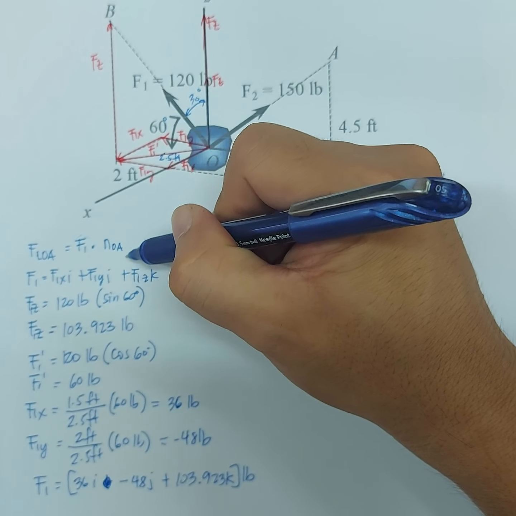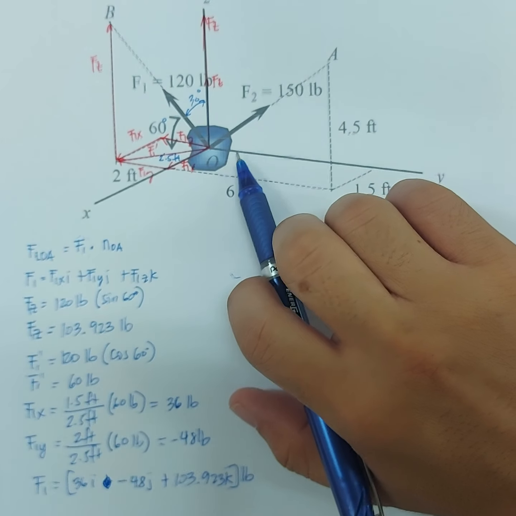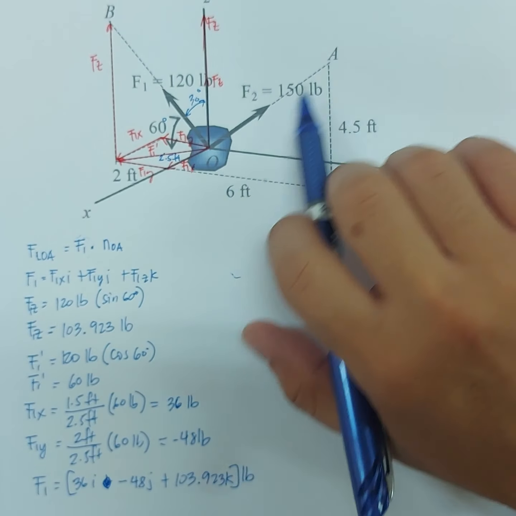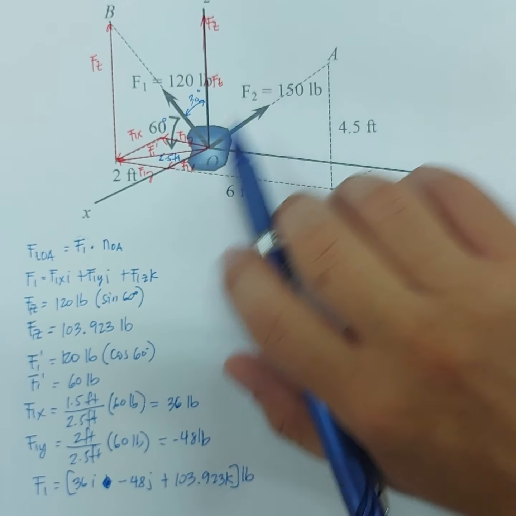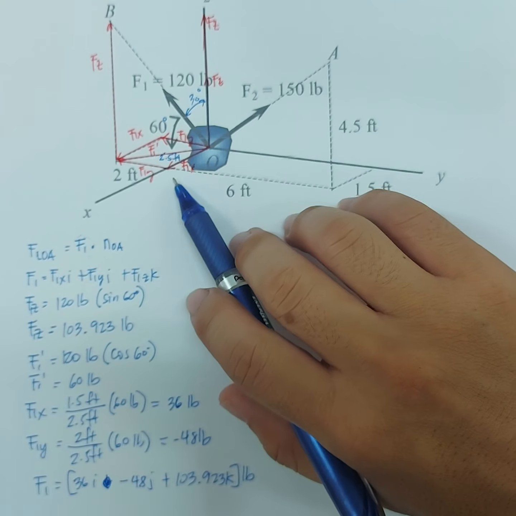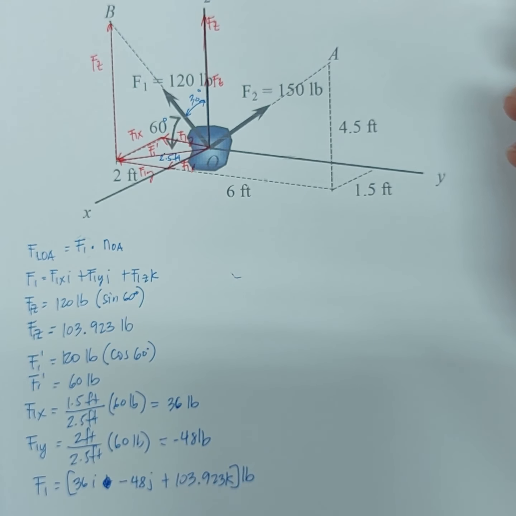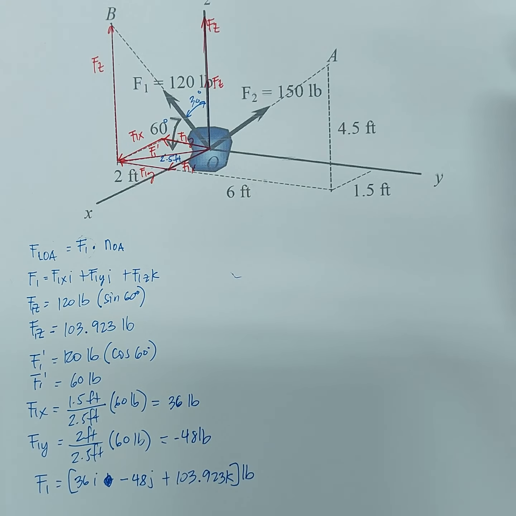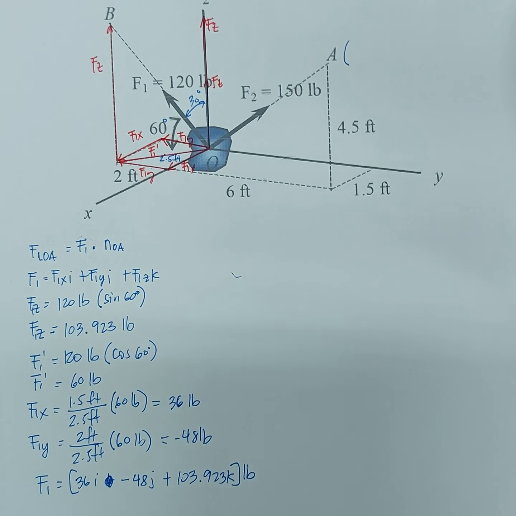Next, kunin naman natin yung unit vector along the line of action of F2. Line of action niya is along line OA. Ayan. Line OA. So para malaman natin yung unit vector, we need to identify muna yung coordinates ng point A. So ano yung coordinates ng point A?